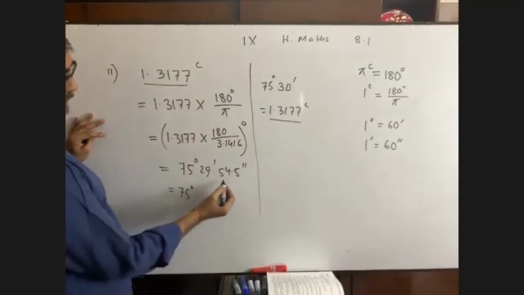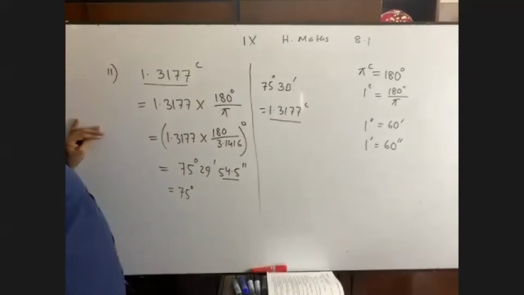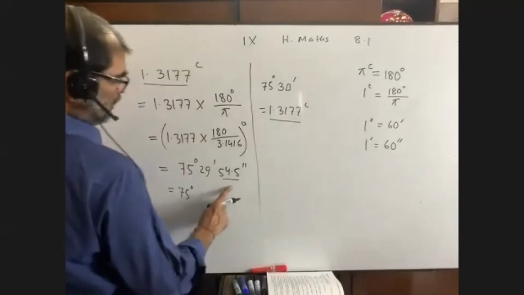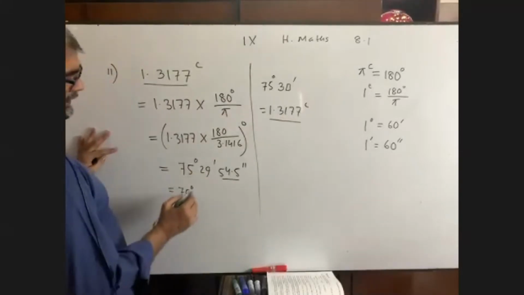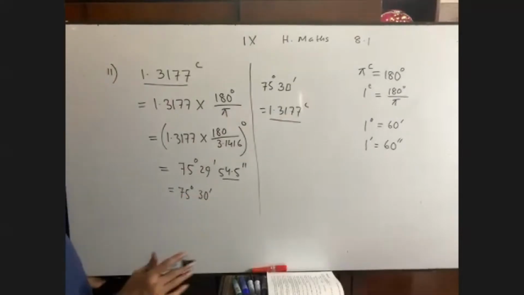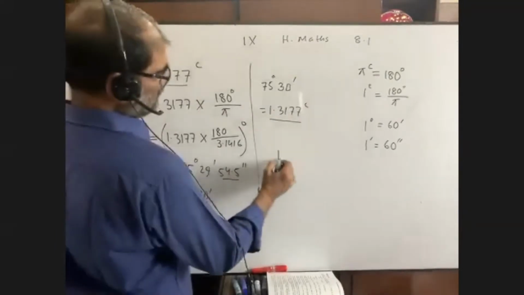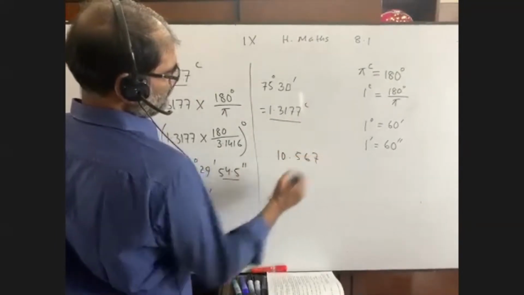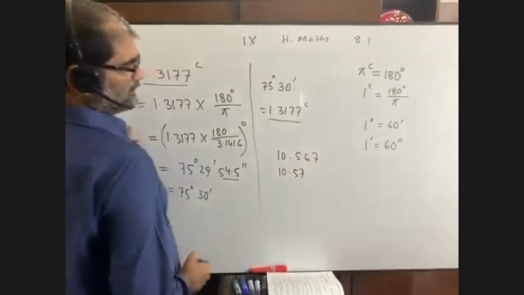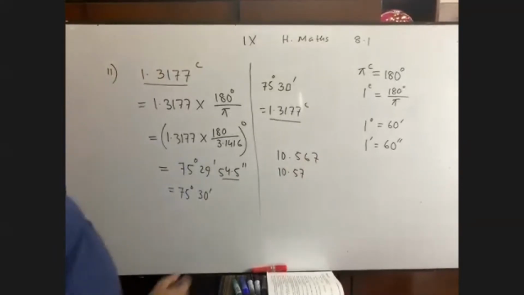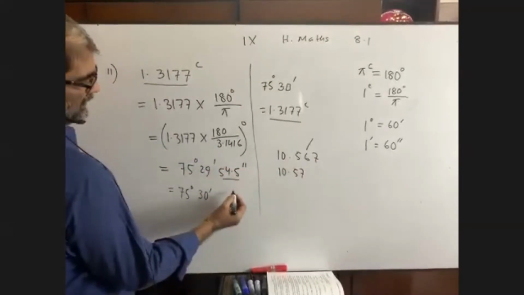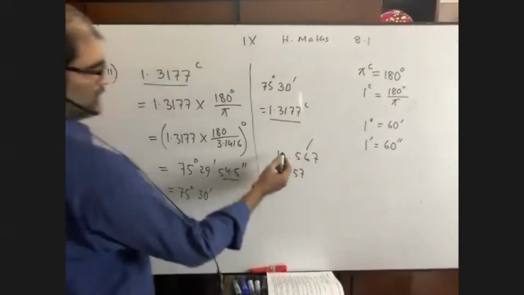It is almost very near to 60 seconds. It is more than 30 seconds, so 1 will be added here. So 29 plus 1, that is 30 minute. Suppose 10.567, what do you write? 10.57, right? 1 has been added to 6.